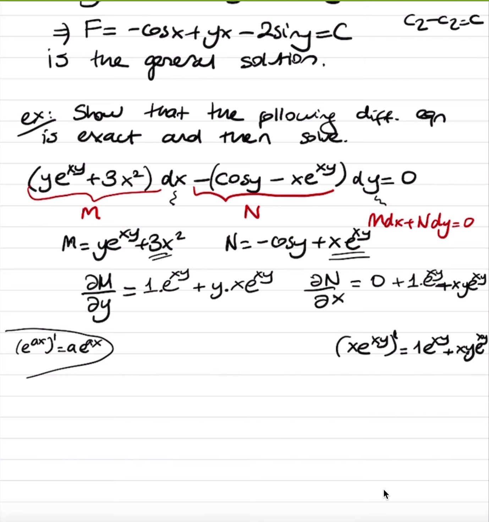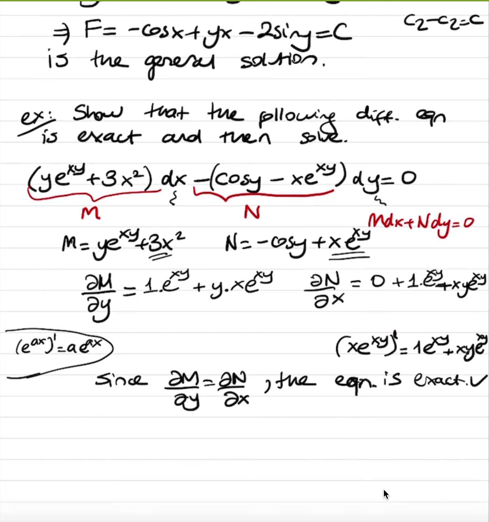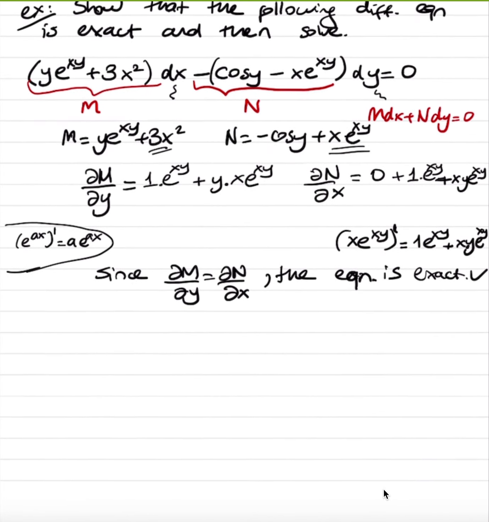Great. So since we have the equality, since del M over del y is equal to del N over del x, by the theorem the equation is exact. Great. So what does this mean?